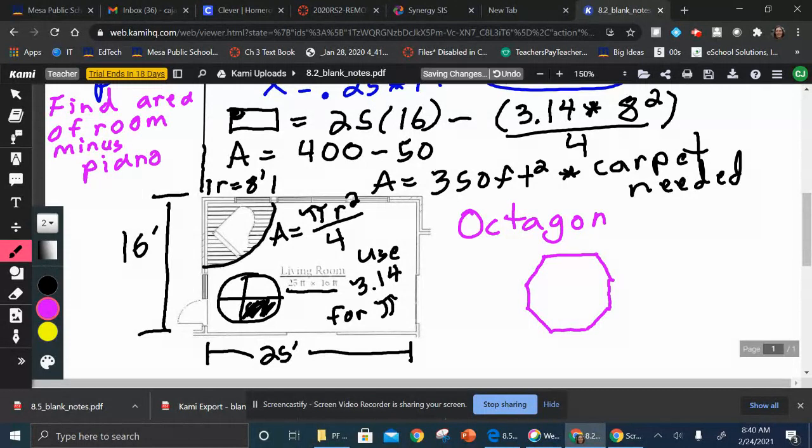So the apothem is from the center to one of the sides. That's called the apothem. We use A, and we have this for all the sides.